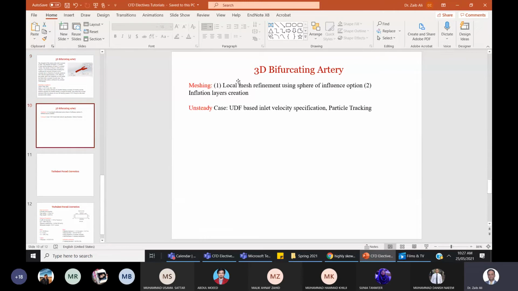And here what I want to demonstrate is how we can create a local mesh refinement, which we just discussed. Here we'll be creating an unstructured mesh, but we can create a local refinement within that unstructured mesh using a method called sphere of influence.